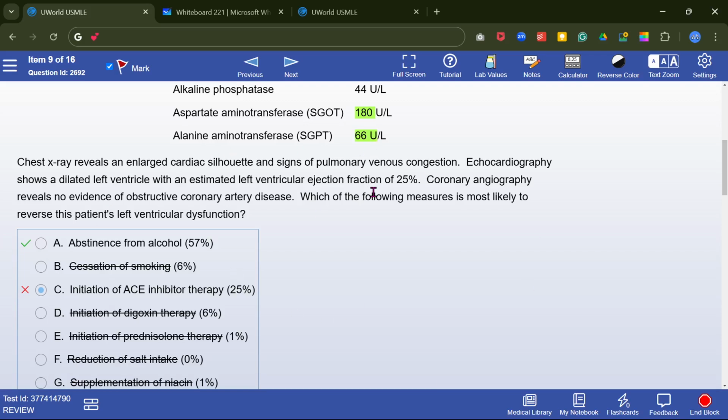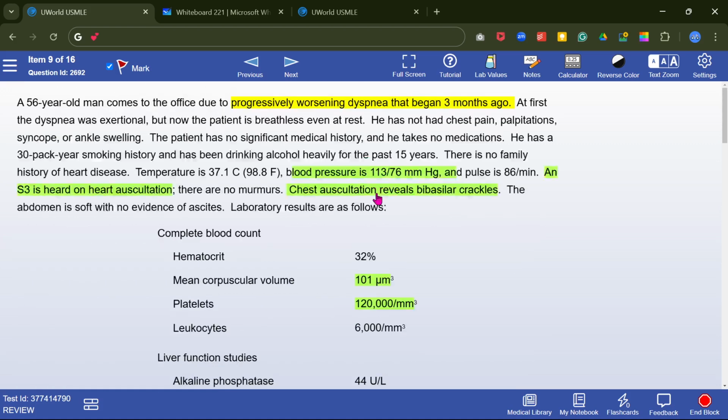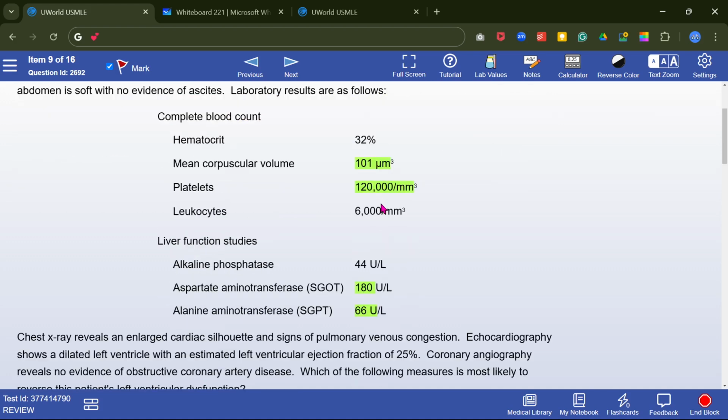So abstinence from alcohol, why is it not an ACE inhibitor? First of all, S3 is a sign of heart failure. S3 gallop. This patient has low platelets, high MCV, and AST higher than ALT. When AST is higher than ALT and GGT is positive, it looks like alcohol.